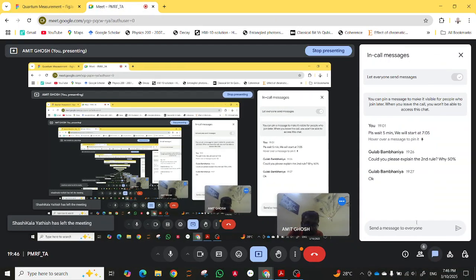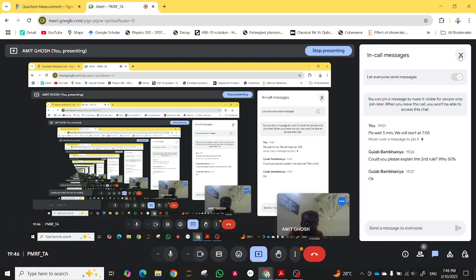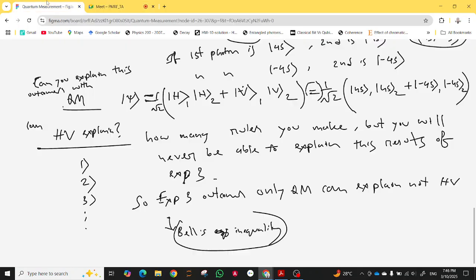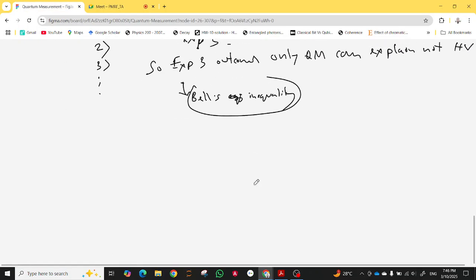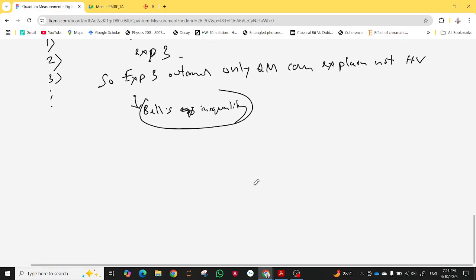Okay, fine. I'll not discuss this Bell's inequality. You can just see many experiments are there on Bell's inequality.